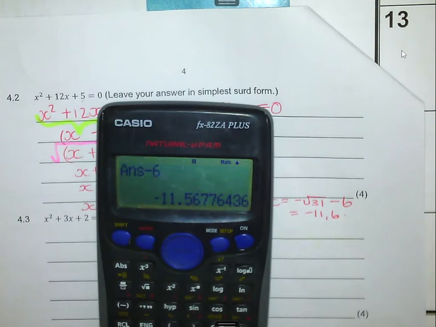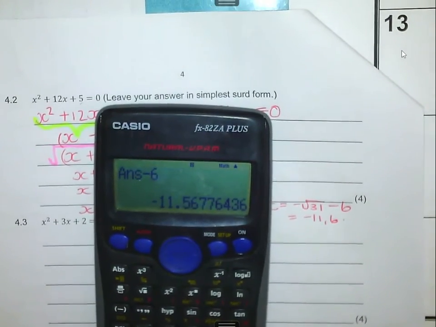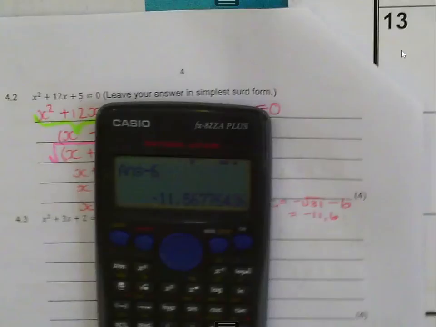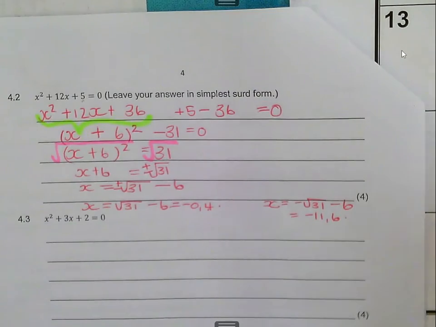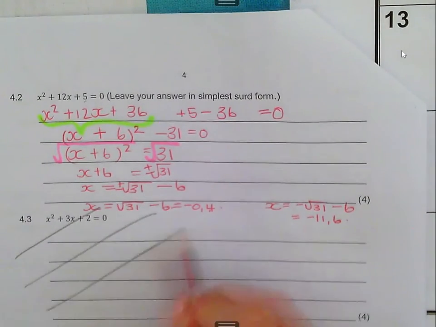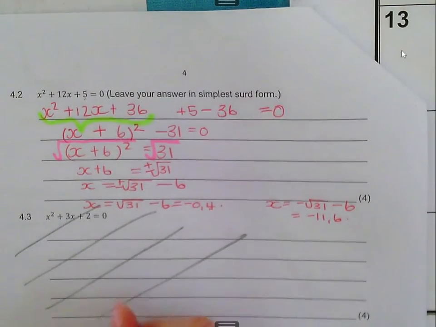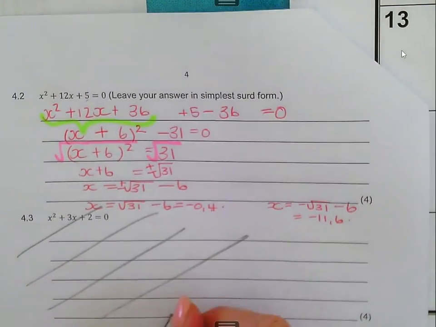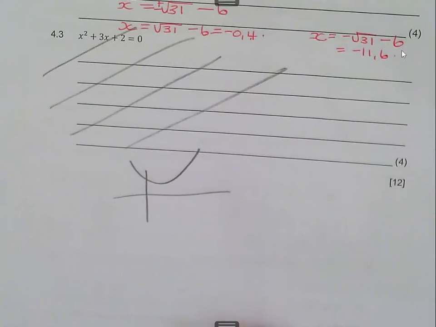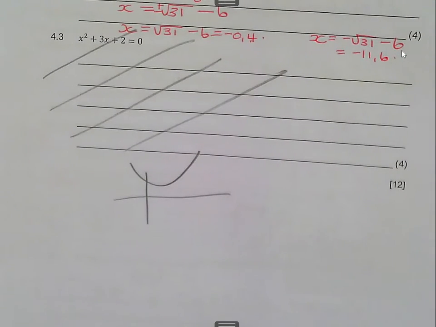So now I can factorize anything. It doesn't just have to be a whole number. Now let's see how smart you are. We're not going to do 4.3 now. What do you think is going to happen that's going to indicate that there are no roots?